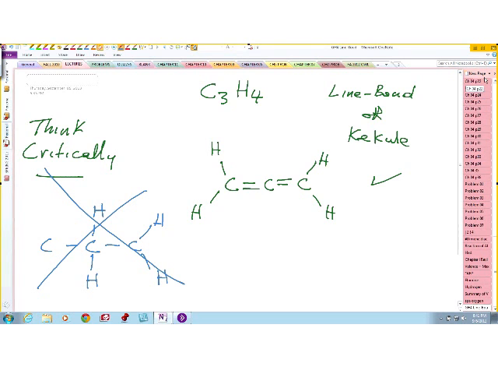Why can't we place a lone pair here? On where? Okay, very good. So you say, why can't we place a lone pair here, right? And a lone pair here, right? Okay, very good.